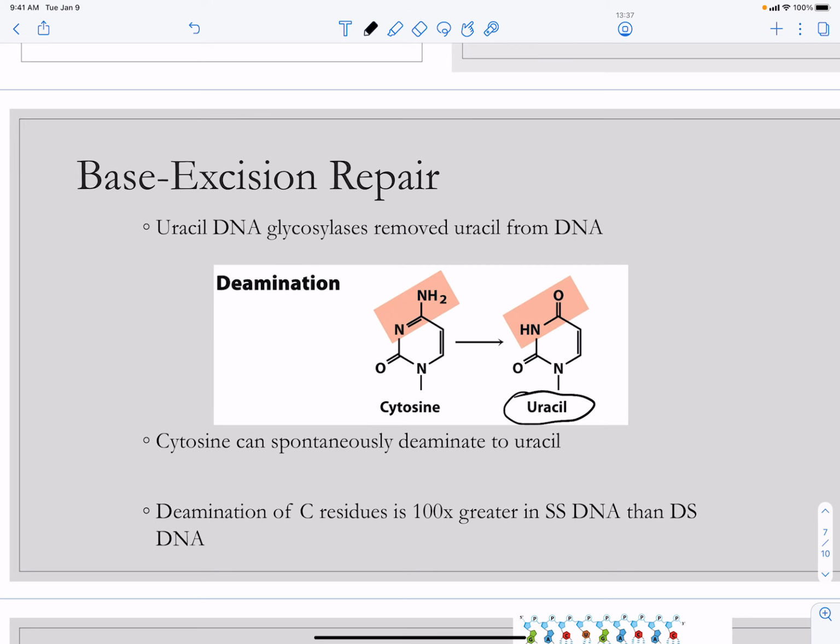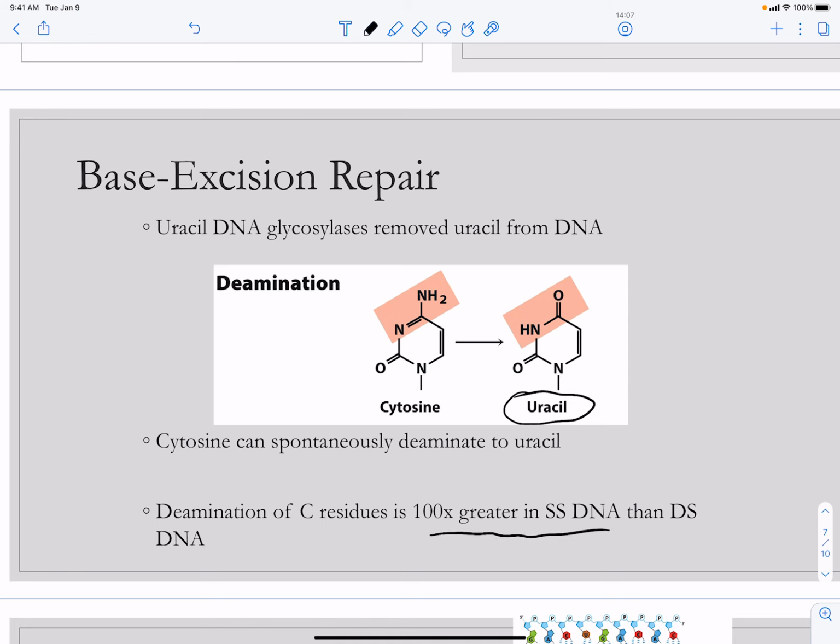And so your base excision repair enzyme, your uracil DNA glycosylase, will go through DNA and find these uracils in your DNA. And of course, uracil is not supposed to be there. And so that would damage the fidelity when you have to replicate again. So it's important for these glycosylases to remove that uracil. This is a spontaneous process, and it's going to happen more in single-stranded than double-stranded DNA.